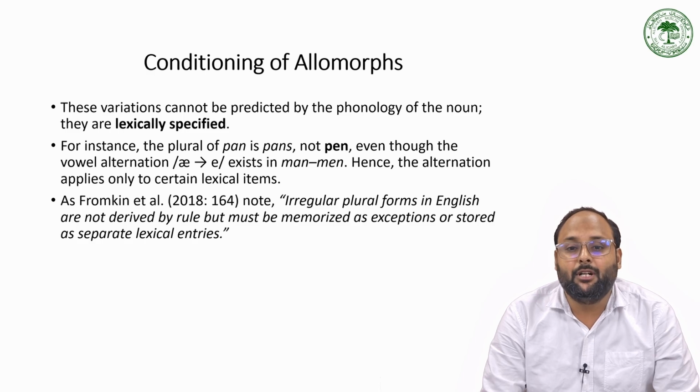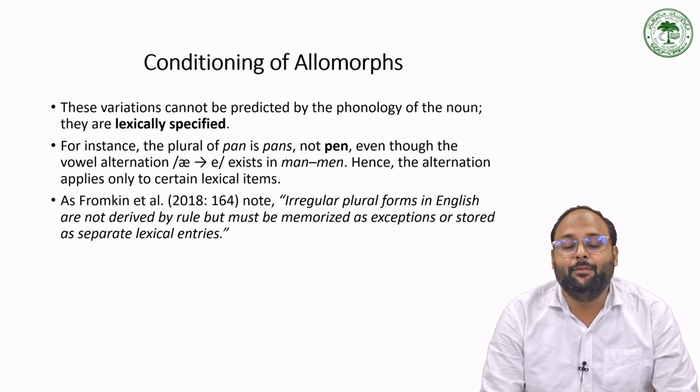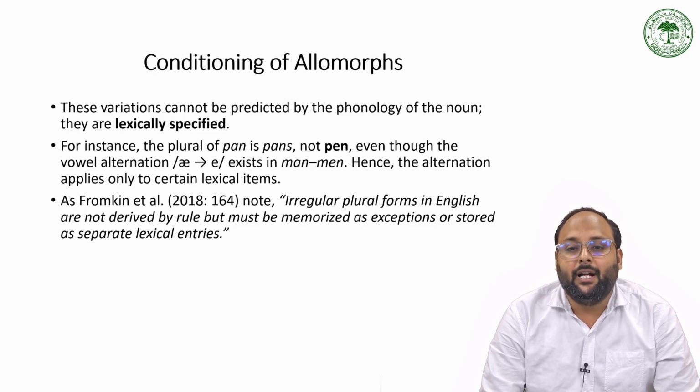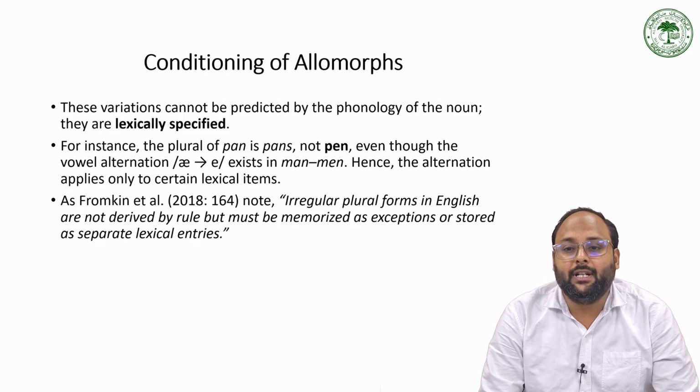In the same way, we have the word man becoming men. So this is an irregular pattern to make it plural. These patterns we cannot define by any phonological alternation or by any phonological condition.